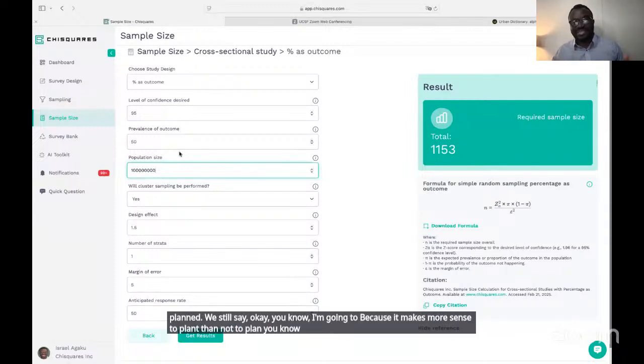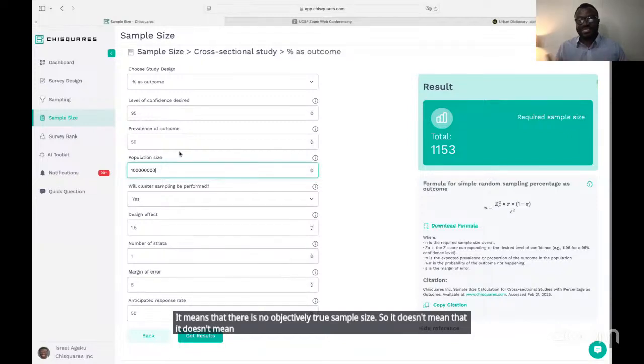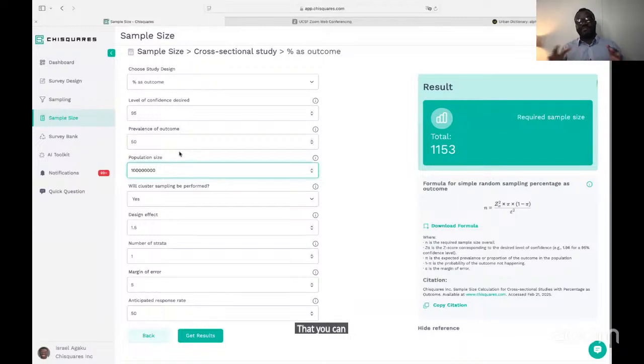Now, when we say all sample sizes are wrong, it means that there's no objectively true sample size. It doesn't mean that it's unhelpful to calculate sample size. It's more to help us appreciate that research design is about context. We don't want to stand on a hill and say, this is correct and I'm right, because nobody's right.